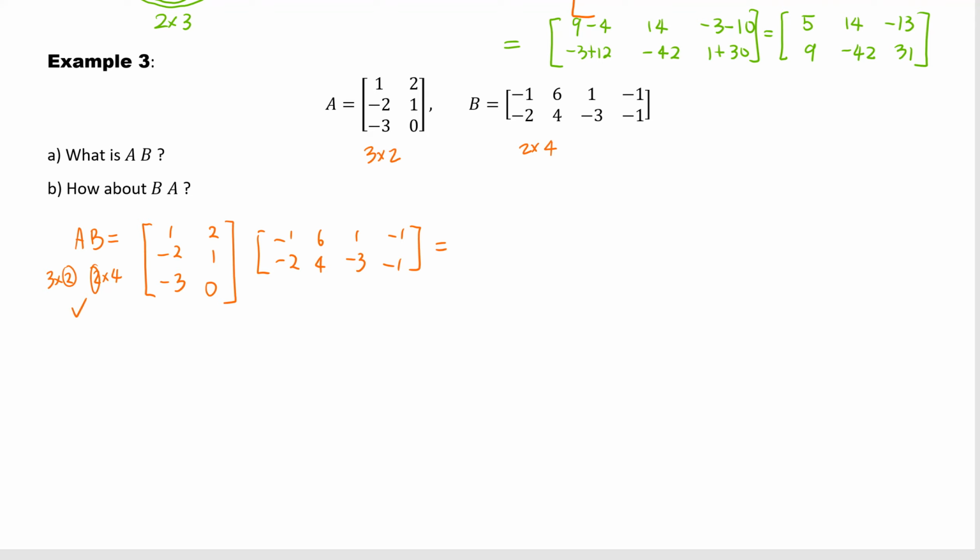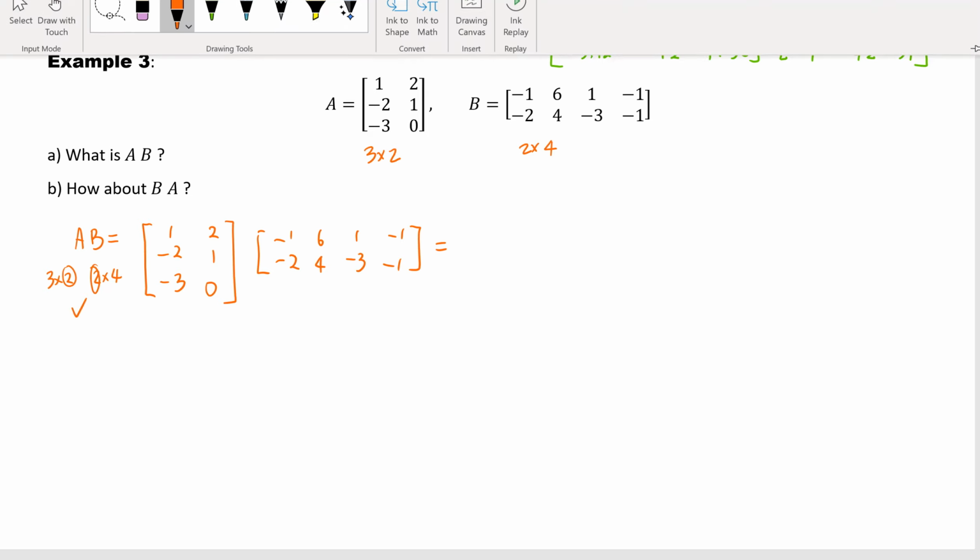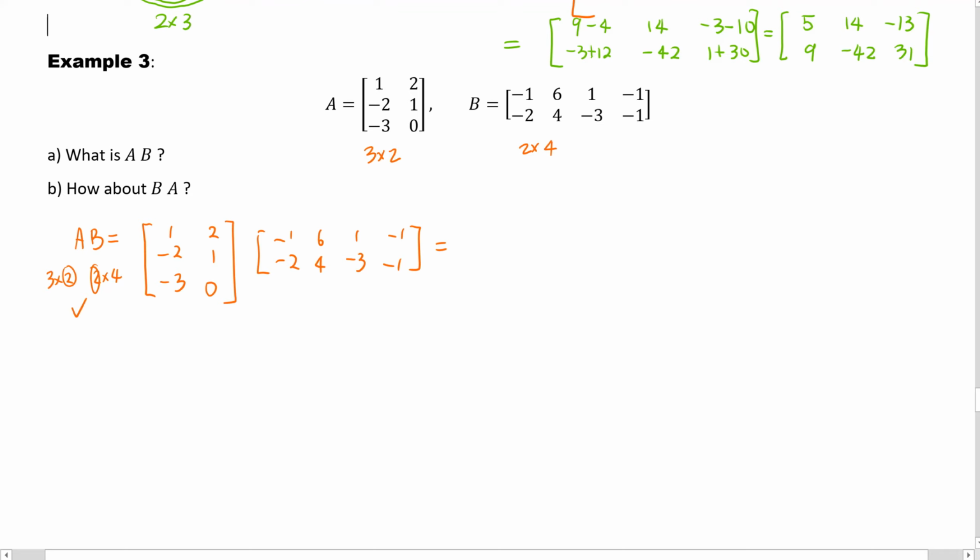Okay, so how do we calculate? We're going to use the rows times the columns. So row times column: 1 times minus 1 is minus 1, plus 2 times negative 2. Next, this entry is in the first row, second column, so we use the first row of A times the second column of B. So 1 times 6 is 6, 2 times 4.